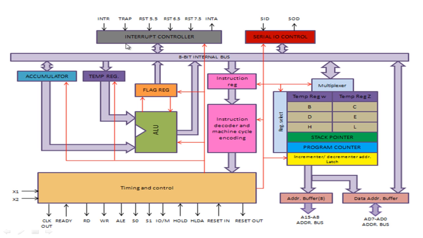Next, this is the interrupt controller. Generally, some people say that interrupt means some interruption, something which is avoidable or disturbing. But in the case of 8085, the interrupt controller is a must. Why? Suppose we are performing some data operation, and something very urgent comes that requires urgent attention of the 8085.